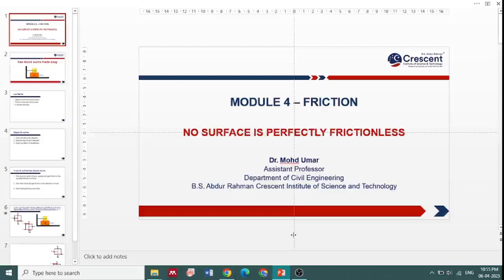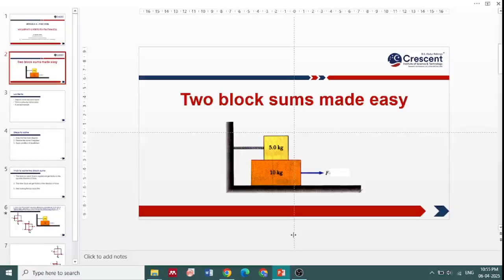But I feel that while solving two block problems, you might be facing some difficulties, and hence today I have come with a trick to solve two block sums easily, and that's why I have made a title over here: two block sums made easy.